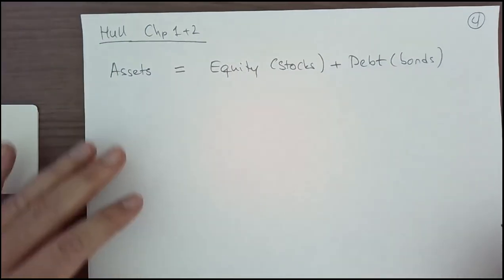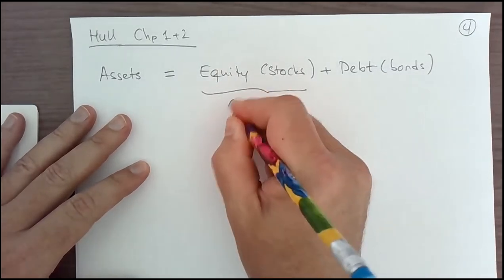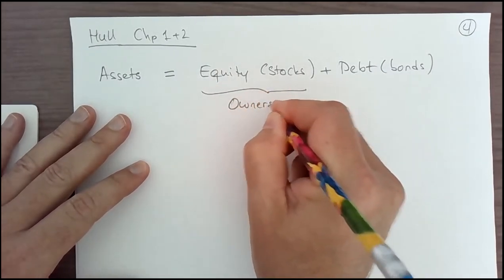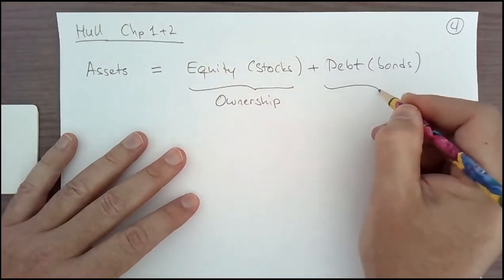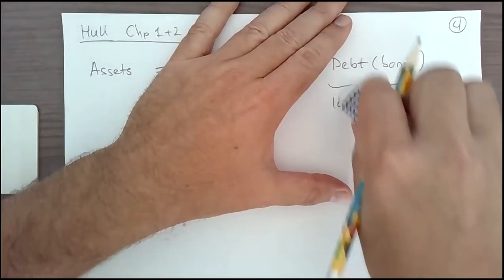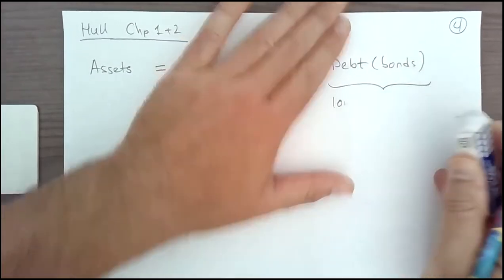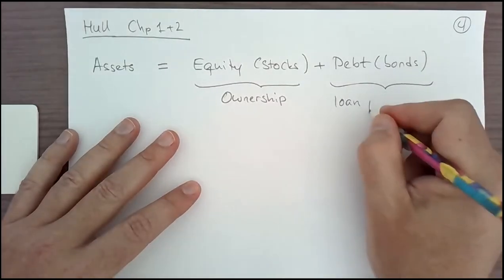Right, so equity, if you're a stockholder, that means you own. This here is ownership. And debt, well, this is when you borrowed it. This is a loan. These are people that have loaned you money. Your loan providers.